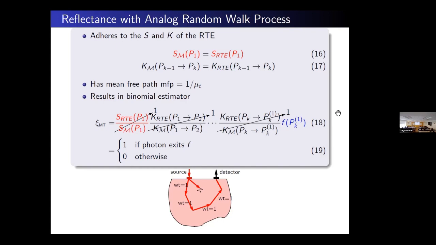And why this random walk is running this way is that we're defining the random walk exactly to be the definition that's found in the integral form of the RTE. These A, S, and K's are exactly what's in the integral form. So all these, it looks complicated, but all these cancel to 1, and it becomes a binomial estimator that scores 1 if it hits the detector, 0 otherwise.